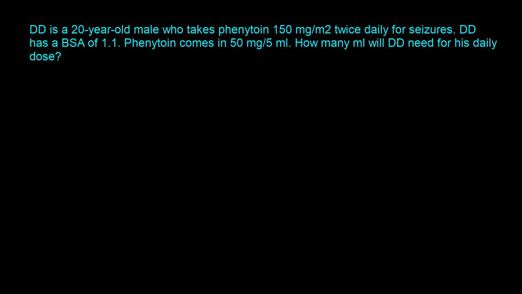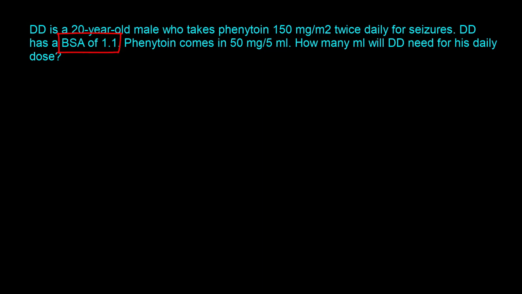How many milliliters will DD need for his daily dose? So let's quickly analyze this question. We have a normalized dose for phenytoin of 150 milligrams per meter squared, and that is given twice daily. Because it's normalized to body surface area, we need some body surface area information, and that is given to us in the question explicitly. So that would be the 1.1 meter squared.